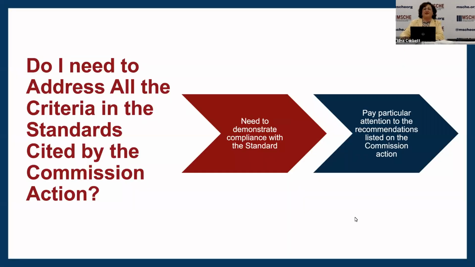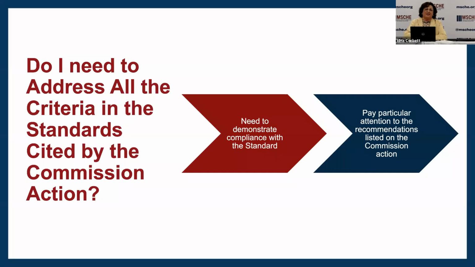One of the questions, the first question that most institutions ask us is, do I need to address all of the criteria and the standards cited by the commission action? You will see that you may be cited for 1, 2, or maybe more standards. First of all, you need to demonstrate compliance with the standard as a whole.